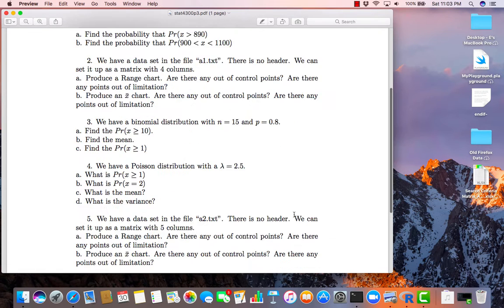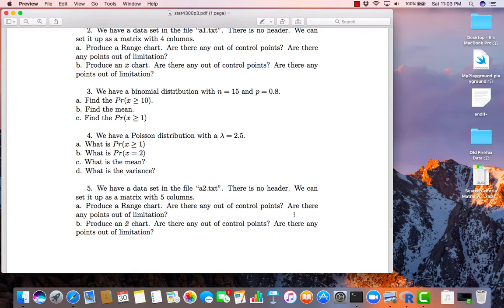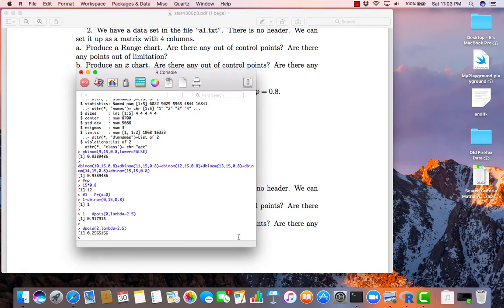Yay! Okay. So in this case, in problem 5, we have another data set. It's in the file a2.txt. We're going to have a range chart and an x-bar chart. So let's take a look. So we have x2, and we will have put together a matrix.